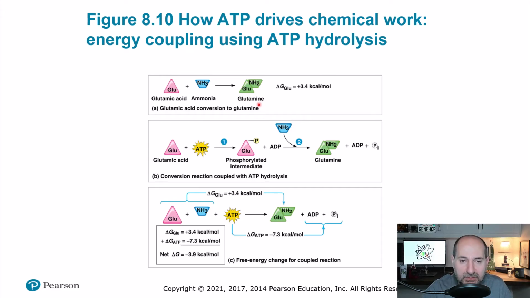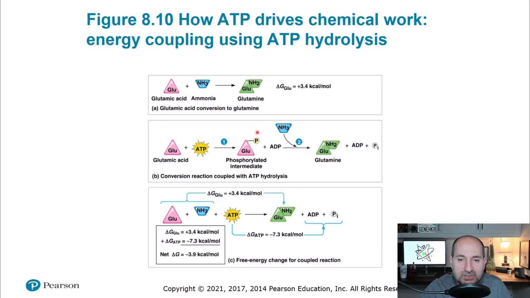So where can we find energy? Remember, we could use ATP. Here we go. If we use ATP to phosphorylate glutamic acid, that means when you cleave ATP, you give the terminal phosphate to glutamic acid. This forms a glutamic acid with a phosphate group attached.